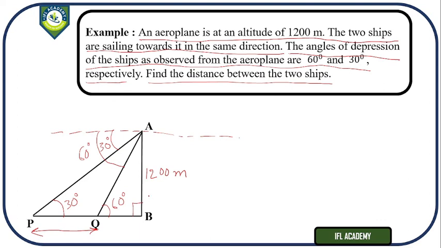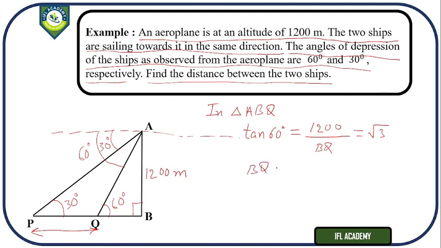Now in right angle triangle ABQ, tan 60° will be equal to perpendicular upon base. Perpendicular is 1200 upon base is BQ. Tan 60° is √3.